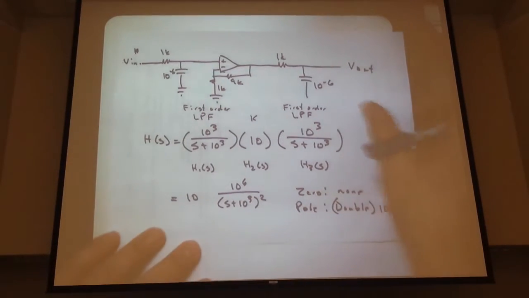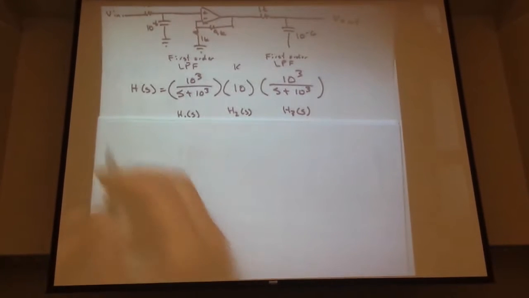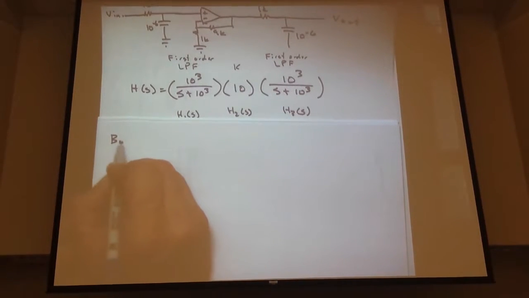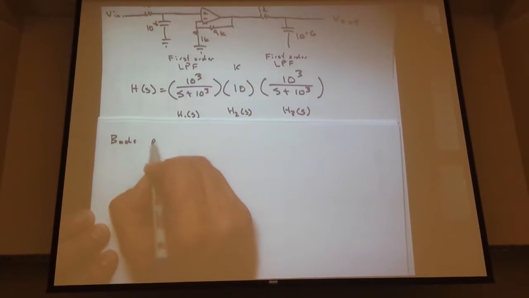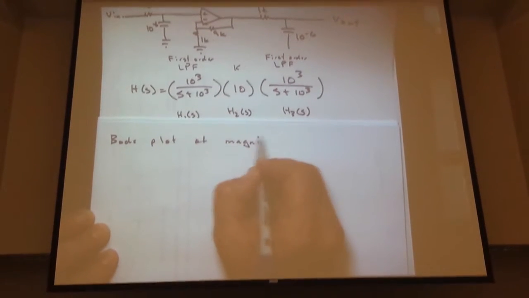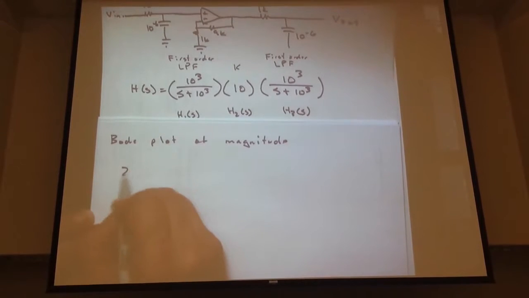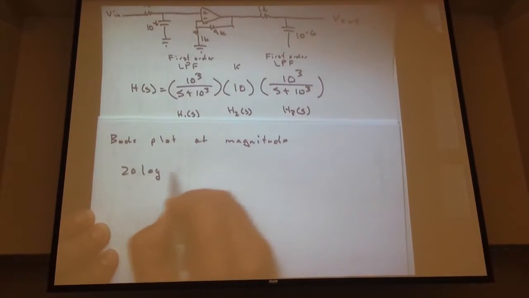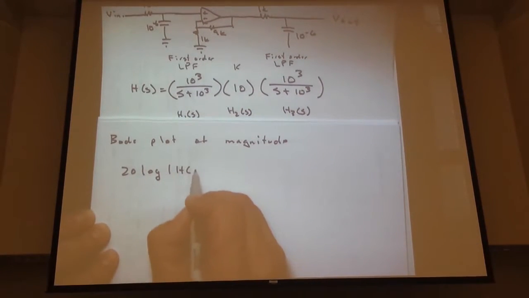Well, if we think about this for a moment, our magnitude plots, our Bode plots of magnitude, is 20 log magnitude of H of j omega.